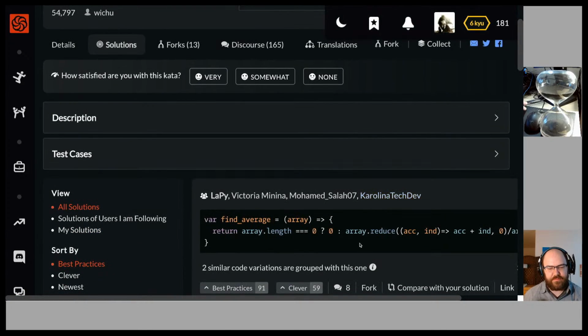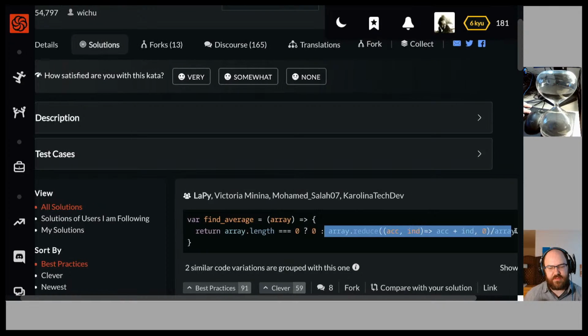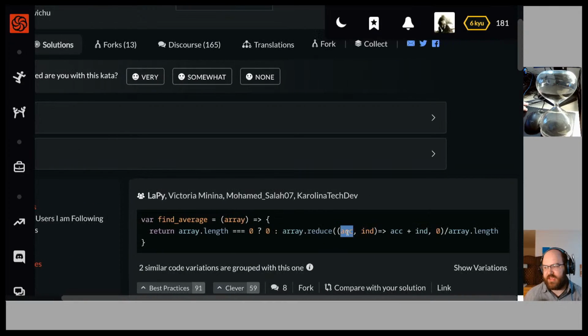Let's see what we got. This covers the 0 condition first. I don't know what they mean by ACC and IND, but just think of that as A and B goes to A plus B with the start of 0 divided by array.length.